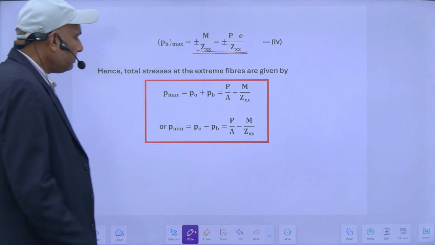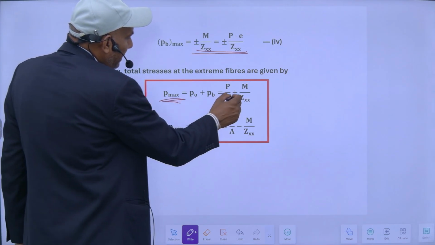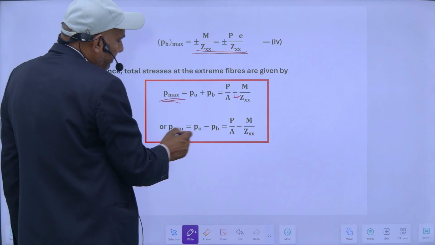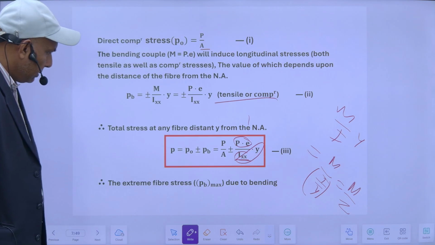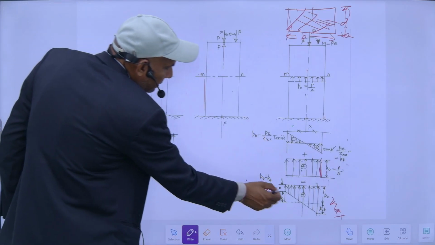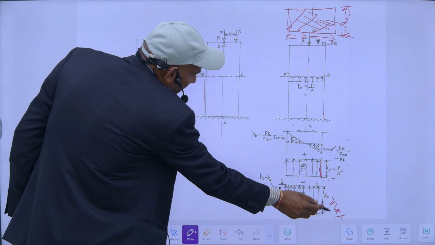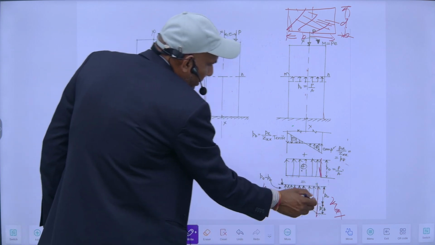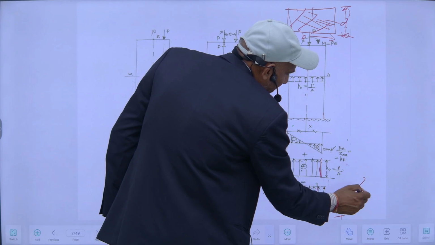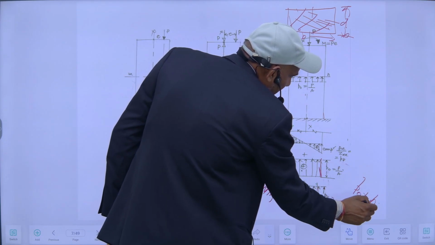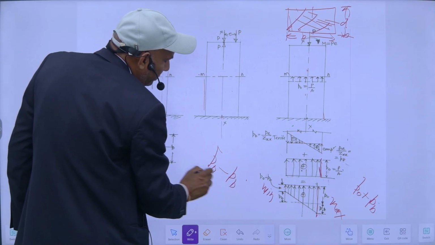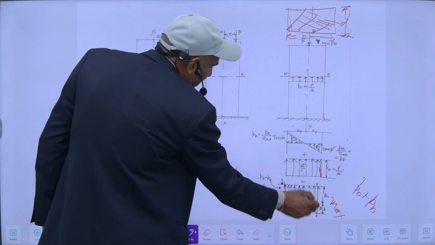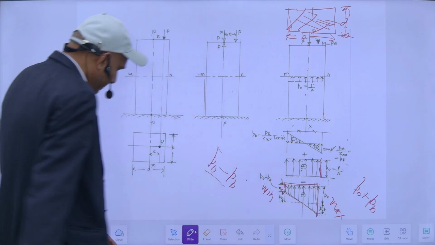In the case of maximum it will be direct plus bending, and in the minimum it will be direct minus bending stresses. So this is maximum and this is minimum.